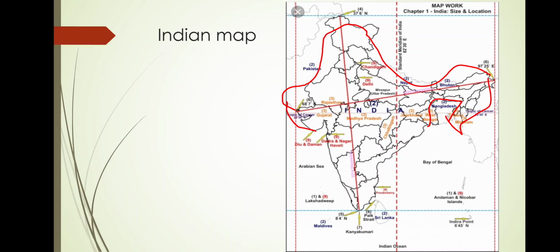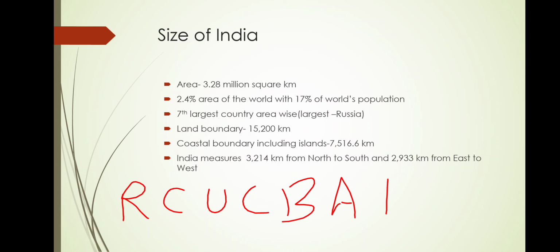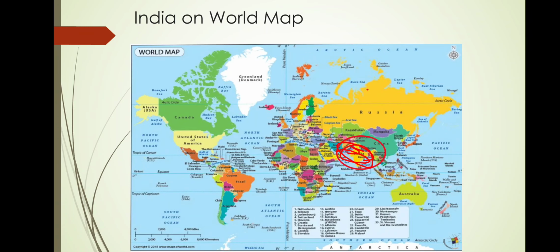Now one more thing I have to explain: when we talk about India's location on the earth, we have to understand how it affects the world. India occupies a major part of South Asia. It is centrally located between East and West Asia. See this map and you will understand.